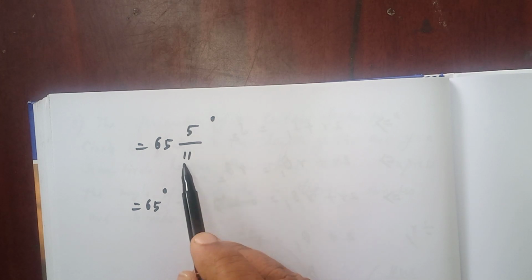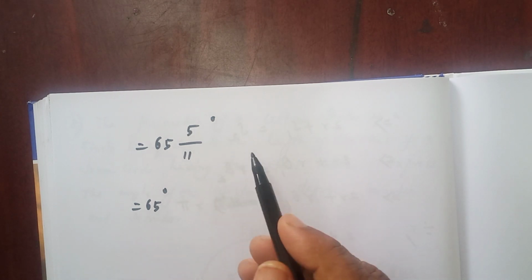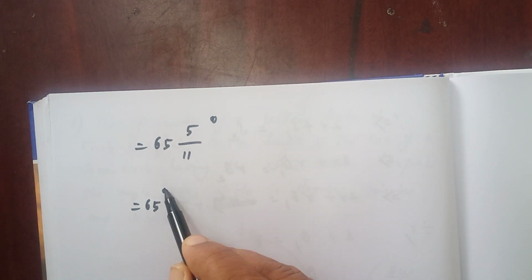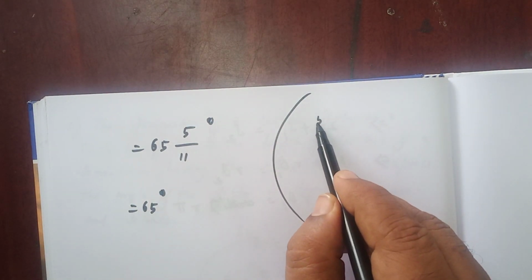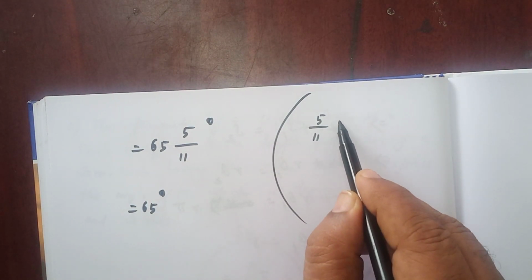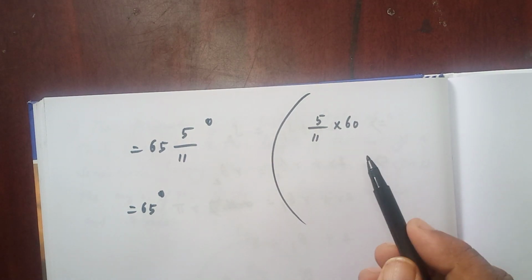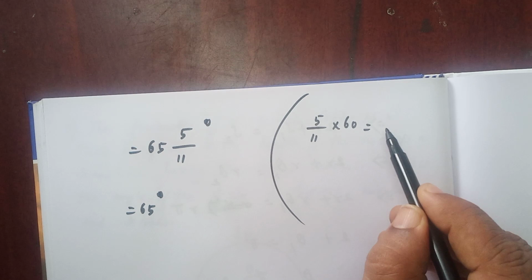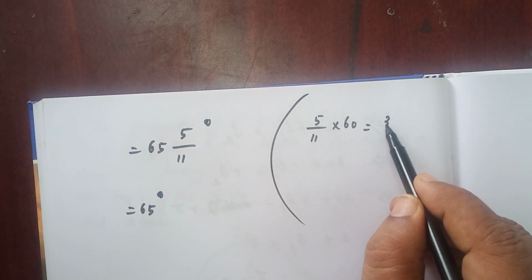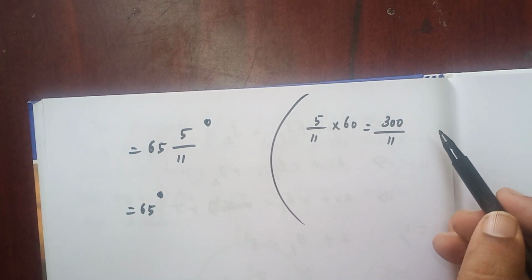For converting 5 by 11 degrees into minutes, multiply by 60. That is 5 into 60, 300 by 11.